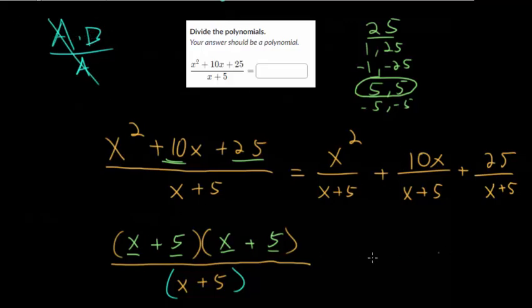And we can cancel out one of these x plus 5s up top and one down below because something divided by itself is always equal to 1. So this will just simplify to x plus 5 divided by 1, or multiplied by 1, which is just x plus 5. So our answer here, which we can put in the box, is simply x plus 5.